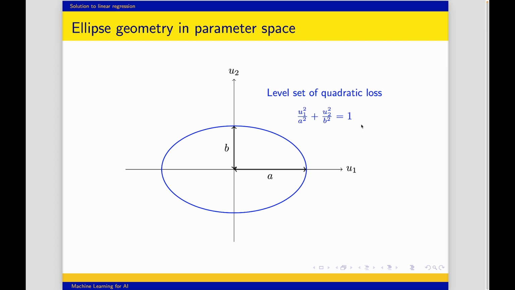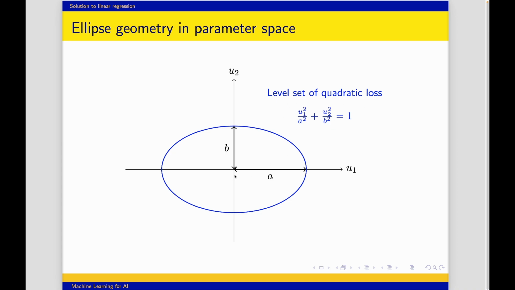And this is the standard form for an ellipse. And so in these new coordinates, the level sets, these contours of a quadratic loss, look like this, where a and b depend on which value of the quadratic loss we have chosen, the little c. And here they're aligned with the axis, and they're centered at 0. This is standard form.